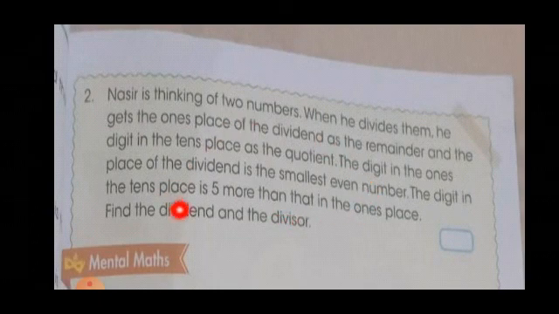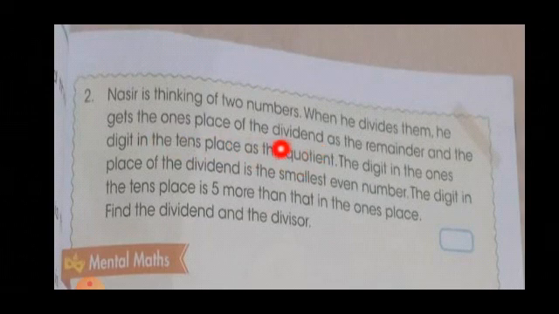So in this case, basically you have to find out the dividend and the divisor, and we have some points to find them. To find out the divisor, we have the point that when Nasser divides the two numbers, he gets the ones place of the dividend as the remainder and the digit in the tens place as the quotient.